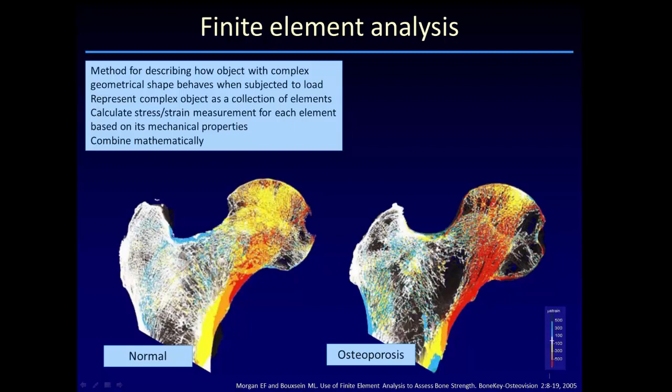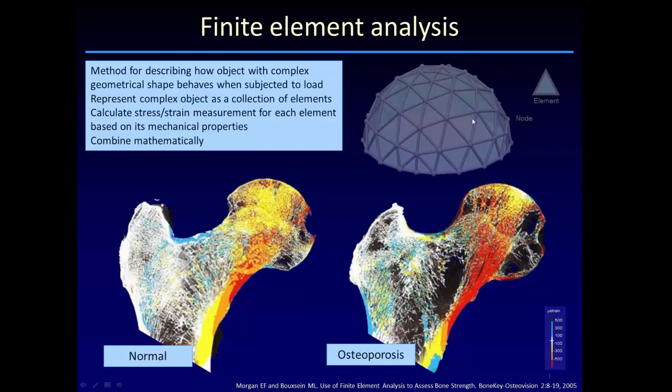One way to study this is to use finite element analysis, which is a method where we can look at a material and describe it in terms of consisting of a number of smaller elements.